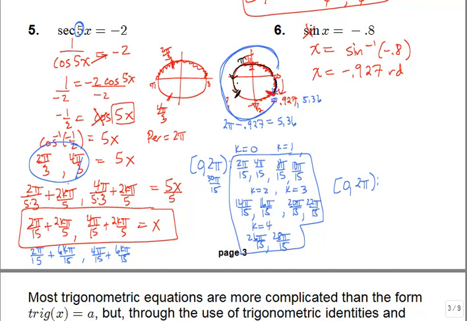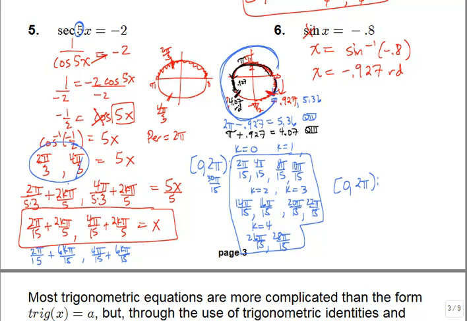So if we take that 0.927 and add a positive 0.927 to pi, then we're taking this half circle plus this little arc length right here, and that should place me at the equivalent quadrant 3 angle that I'm looking for. So what is pi plus 0.927? It's about 4.07. So that's the quadrant 3 angle, and the 5.36 was the quadrant 4 angle. So this turns out to be about 4.07 radians.